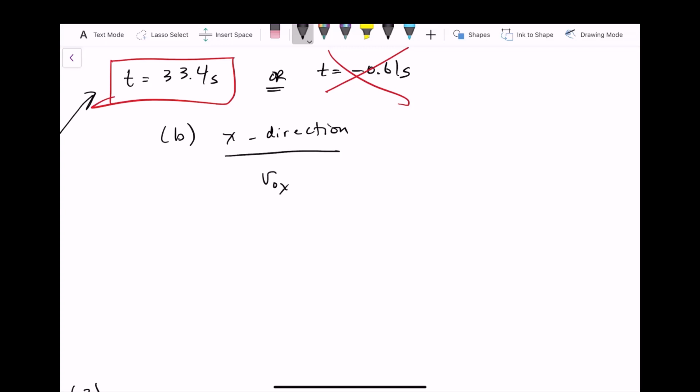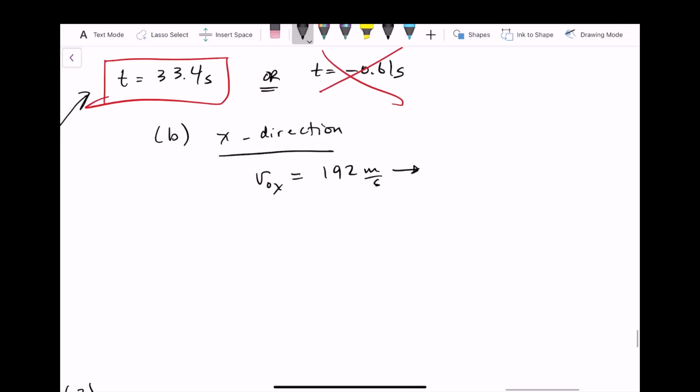So v naught x, if you remember, is 192 meters per second to the right. Therefore, if we use, say, this equation, s x is equal to v naught x times t plus 1/2 a x t squared. This whole second term goes away because x direction acceleration is always 0 in these problems.